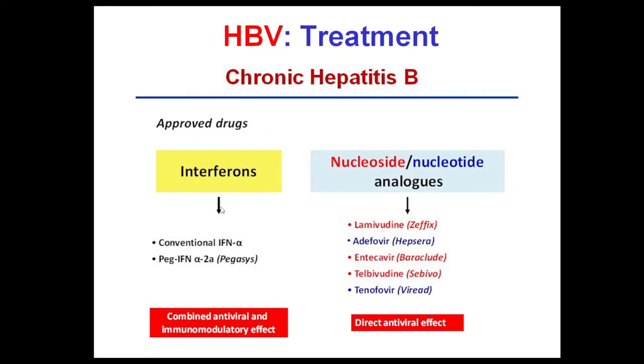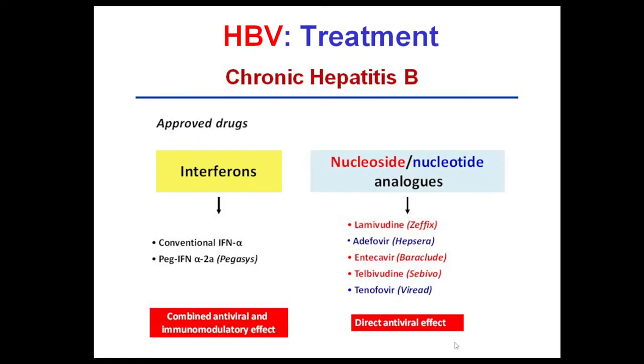But it is partially effective in combined antiviral immunomodulatory therapy with the immune interferon, because these viruses replicate through the RNA intermediate. So that's why pegylated interferon alpha can be used for treatment now, or conventional interferon alpha with direct antiviral activity.